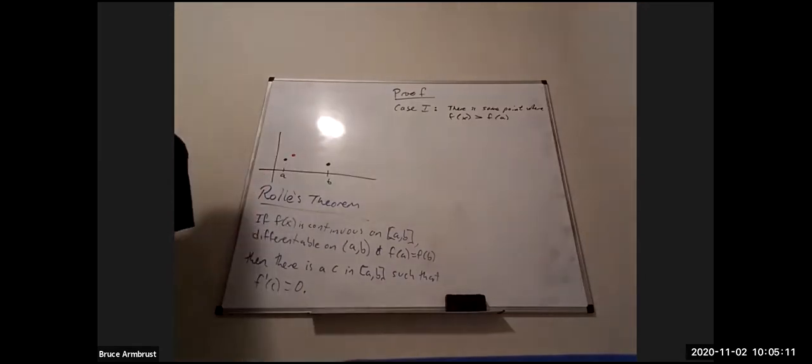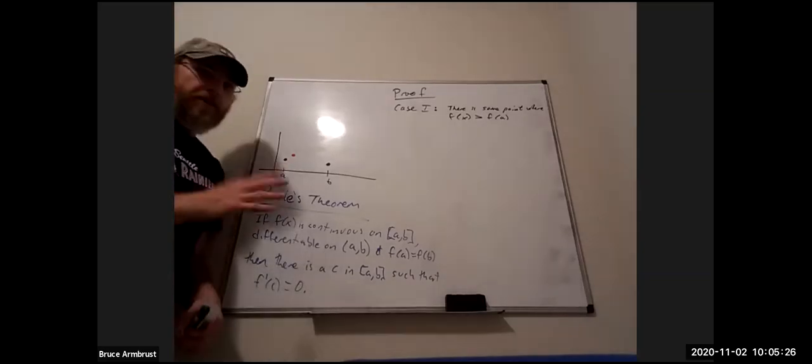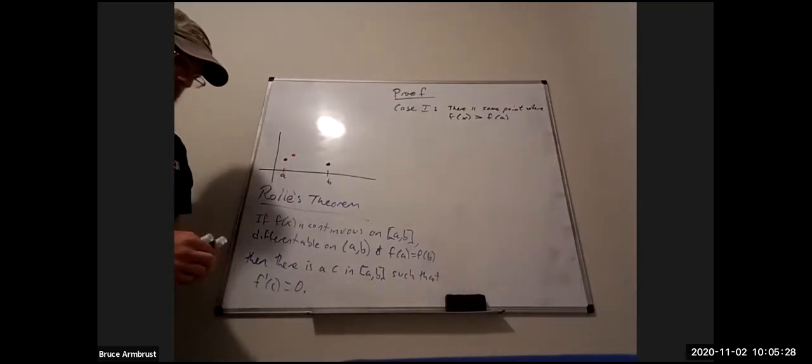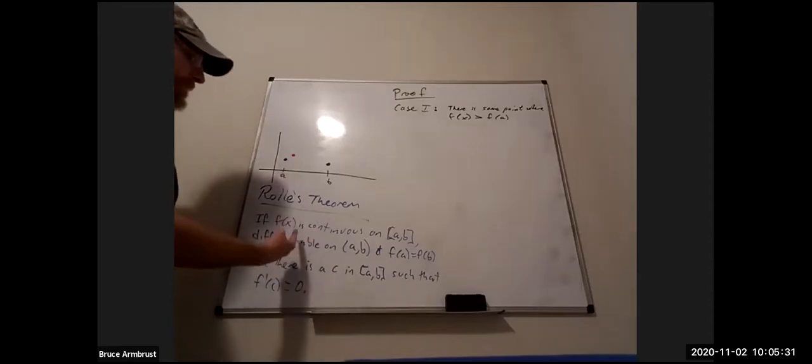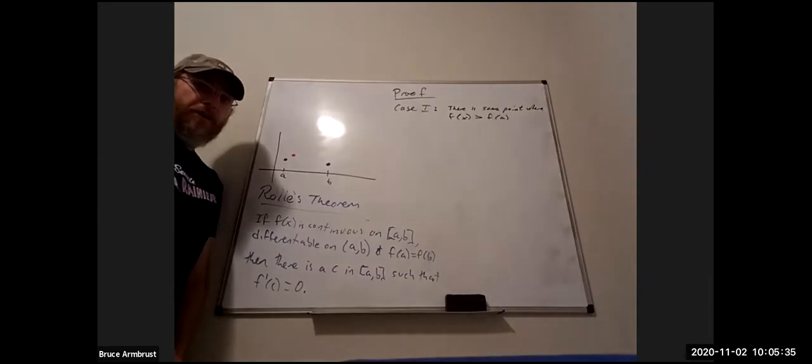Okay, so here's case number 1. There's some point where the function's actually bigger than the endpoints. Here's how this proof is going to play out. Since this function's continuous, the extreme value theorem tells us that there's going to be an absolute max and an absolute min.